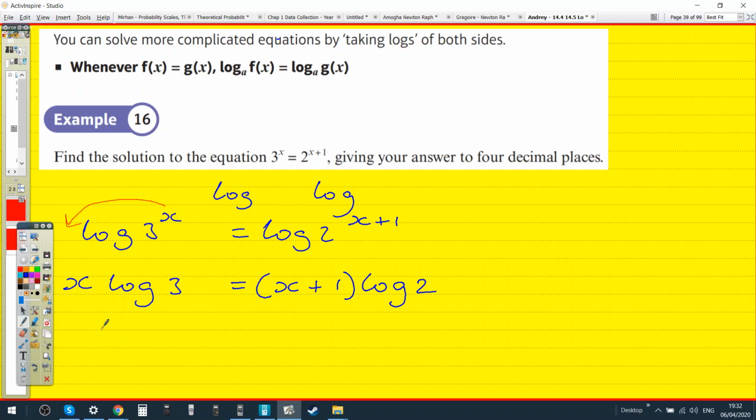And then do I need to do something like expand the bracket? Would that be x log 2 plus log 2?